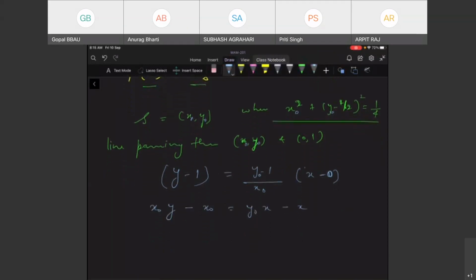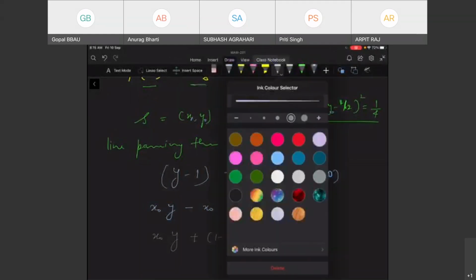Okay, so this is something like x plus x naught y plus 1 minus y naught x equal to x naught. Can anyone confirm this? Is this correct?